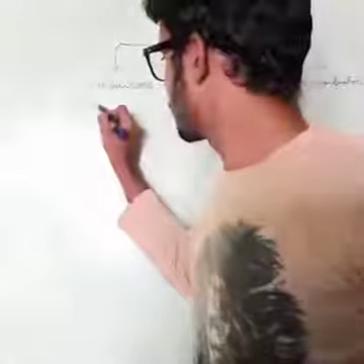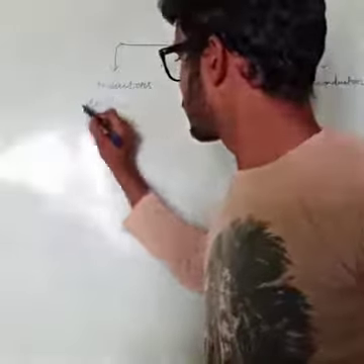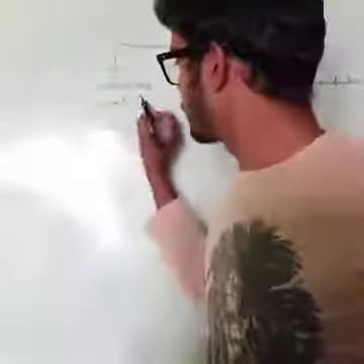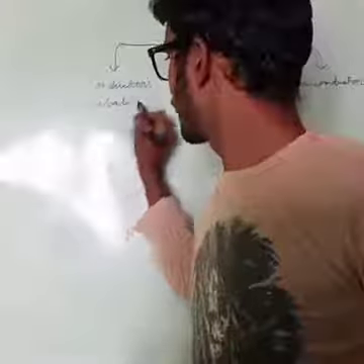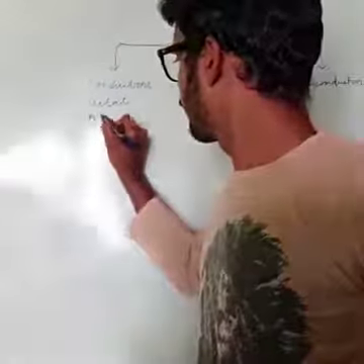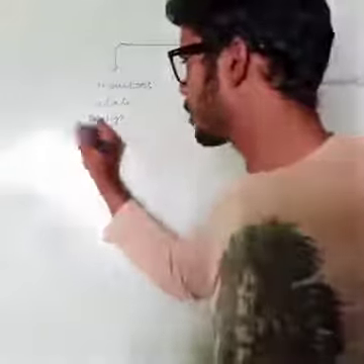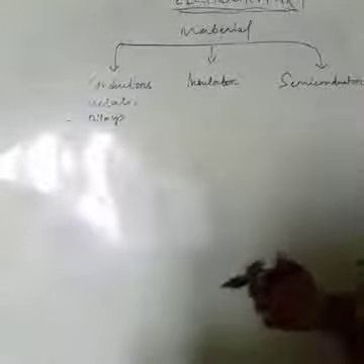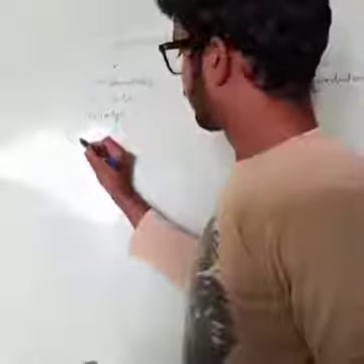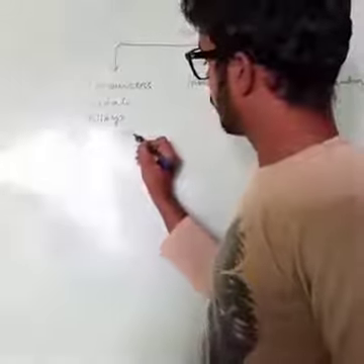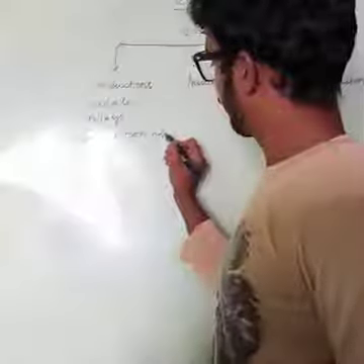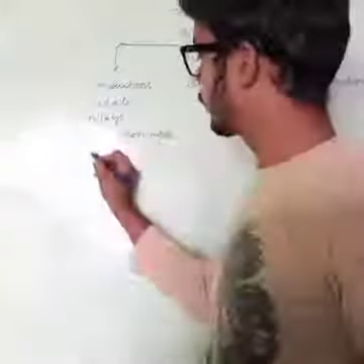For example, metals. Normally metals conduct electricity, as well as some alloys. They also come under this category, alloys, because they are a mixture of metals. And some non-metals are also there, like graphite.